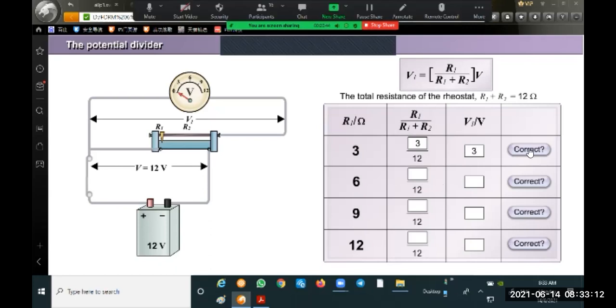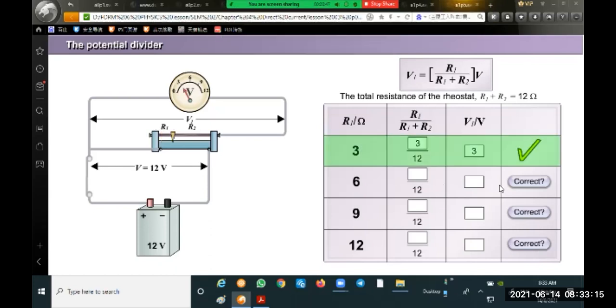Correct? Let's check it. If R1 is equal to 6, what happens?